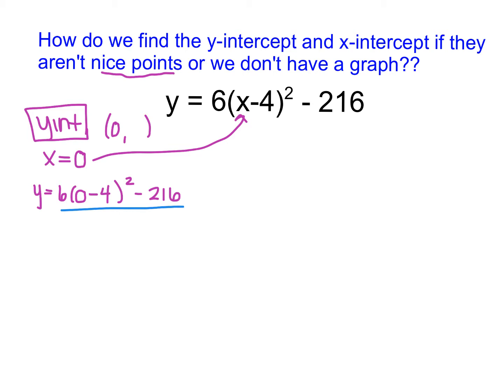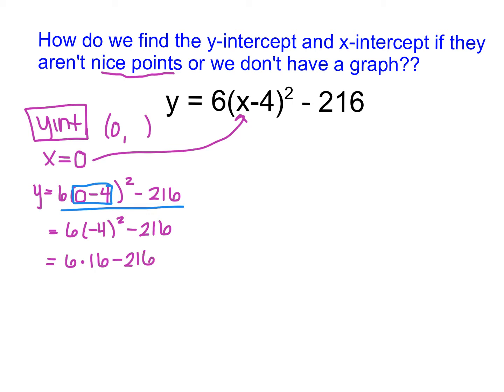I always start with parentheses, and 0 minus 4 is negative 4. So to simplify this, I would have 6 times negative 4 quantity squared minus 216. Then I know that negative 4 squared is 16, so I have 6 times 16 minus 216.